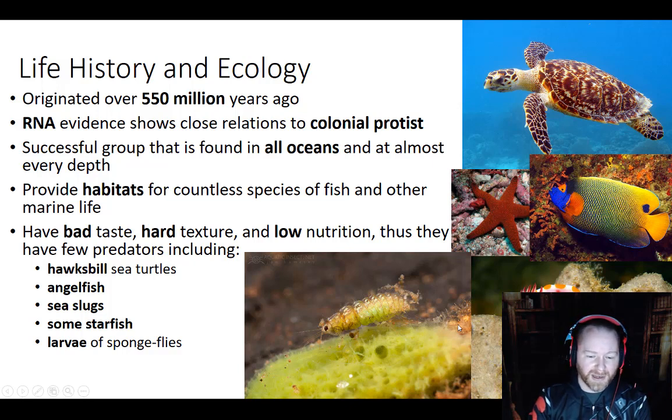And in the freshwater species, there's a larva of a type of arthropod called a sponge fly, and the sponge fly's larva will actually eat freshwater sponges. Very particular one there, but all of these would be predators to sponges.